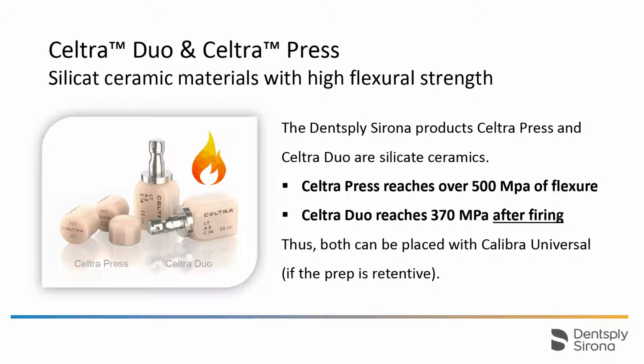For example, the products Celtra Duo and Celtra Press from Dentsply Sirona. Celtra Duo has a flexural strength of 370 megapascals after glaze firing, indicated by the flame symbol. The pressable ceramic Celtra Press has over 500 MPa. Small FPDs can even be fabricated using Celtra Press.